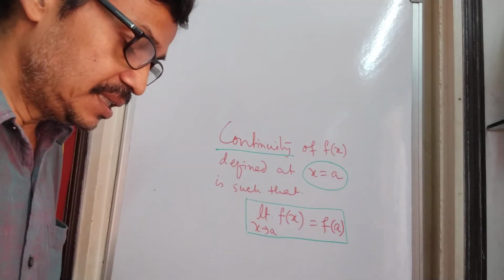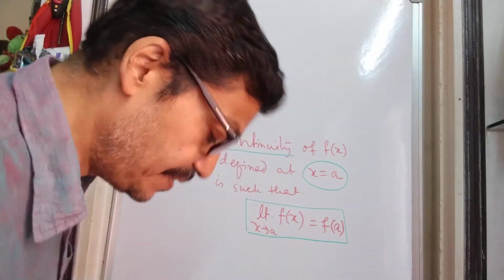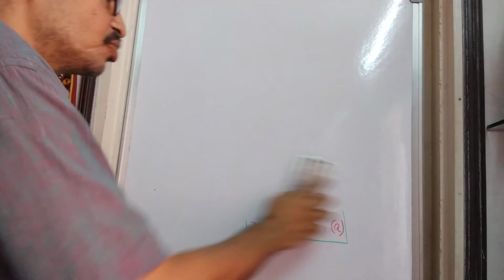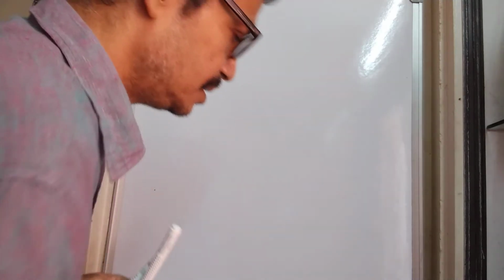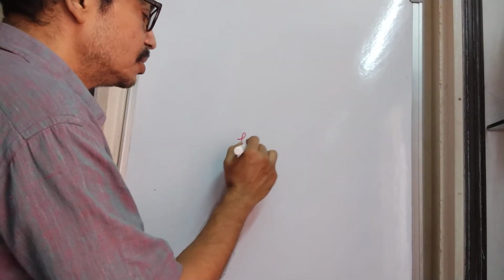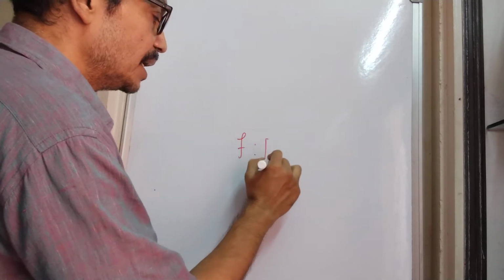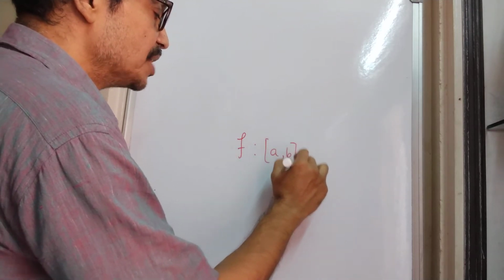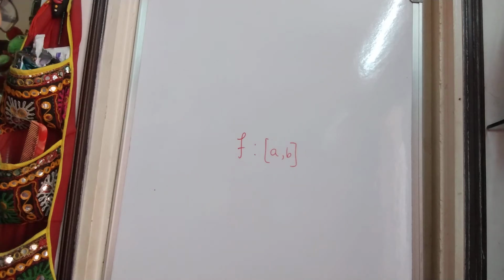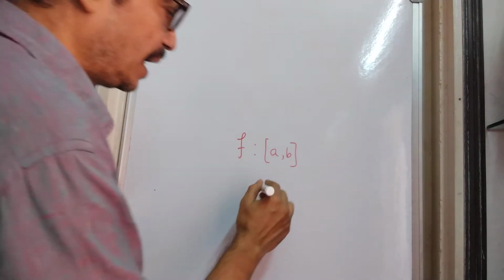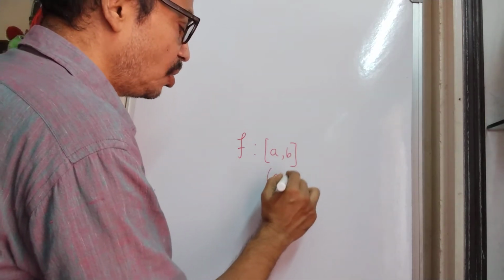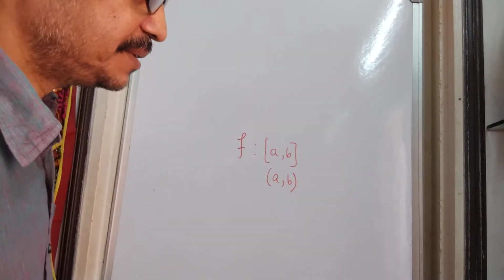And whenever we can extend this definition throughout an interval, we have a function which is defined on a domain of definition AB. This may be an open interval or a closed interval.